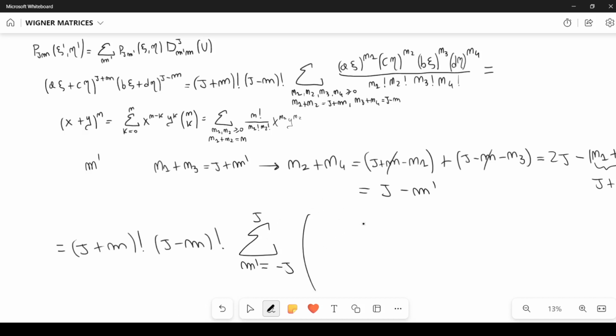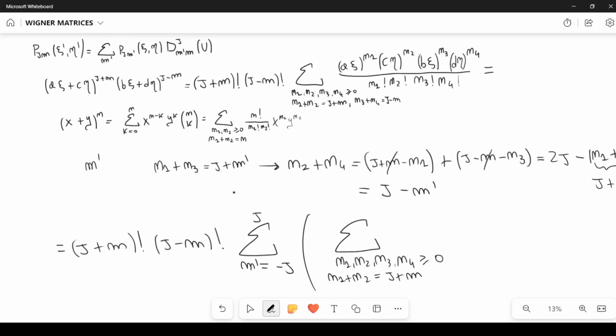Then we have another sum over n1, n2, n3, n4 greater than or equal to 0. We have n1 plus n2 equal to j plus m, which is the same as this condition here.